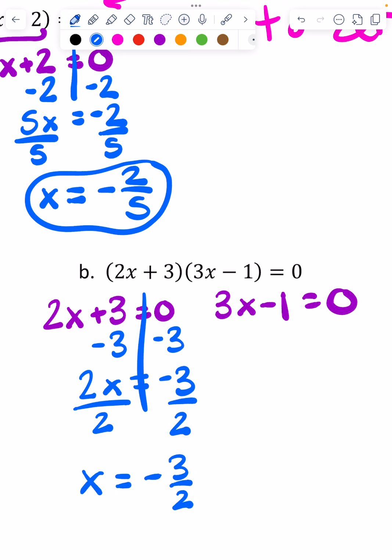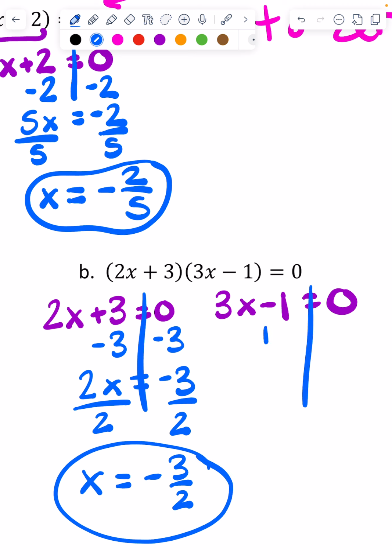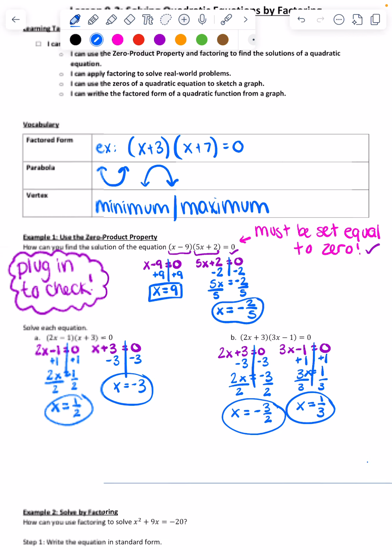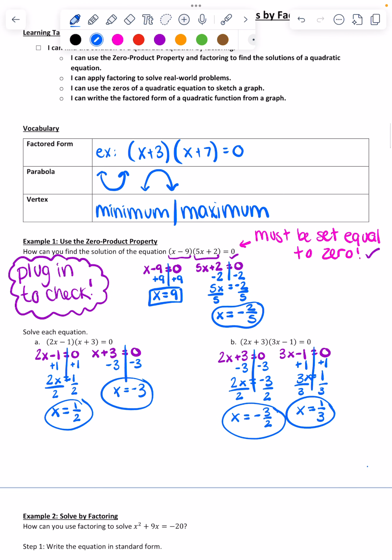All right, first solution is x equals negative 3/2, or negative 1.5. And our last solution is x equals 1/3. Let me zoom out so you can check your answers. That is our zero product property.